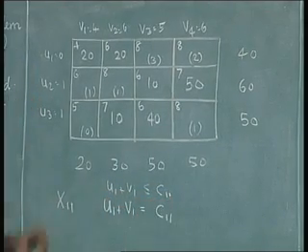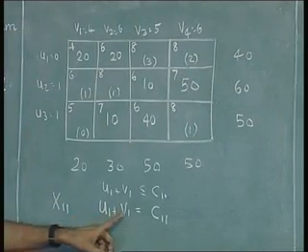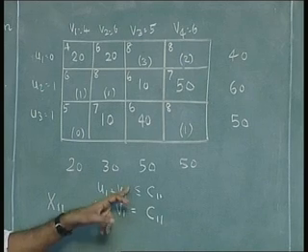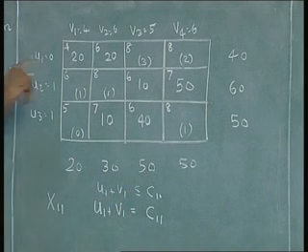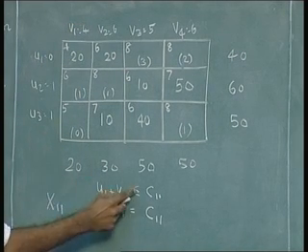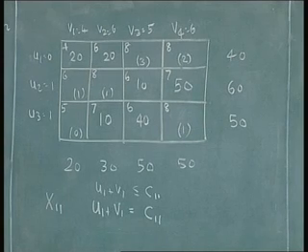So when xij is basic, we find ui and vj such that ui plus vj equals Cij, indicating that the corresponding slack is 0, which means wherever a variable is basic, you find u and v such that the corresponding slack is 0, which means we are satisfying complementary slackness conditions.